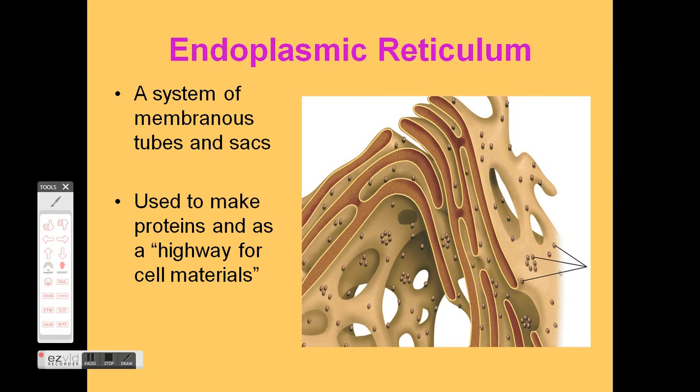Those are the ribosomes, and it's almost a tube system of membranes and different sacs, and they're actually used to make proteins as well as some lipids, and it transports them along this highway through the ER. So I would say it's used for two main things. It's used for synthesizing proteins as well as transporting the proteins along its highway. So it looks like a little maze system.